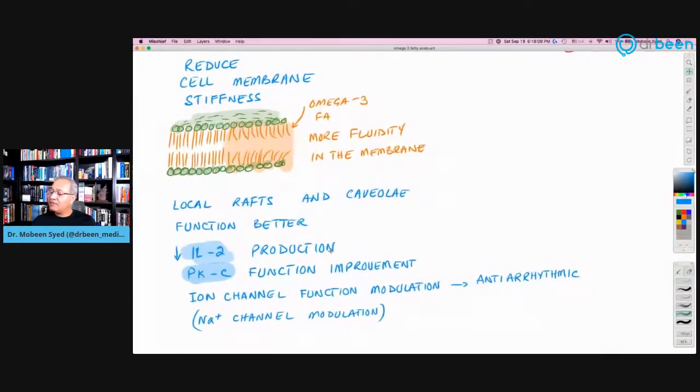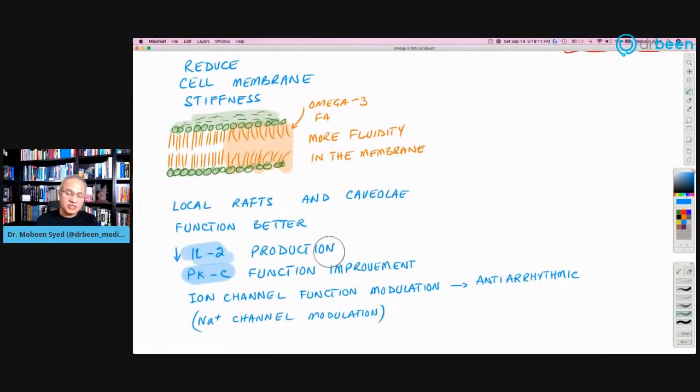Then this is an important one here. They reduce cell membrane stiffness. So this is a general mechanism for cholesterols or fatty molecules, that the flexibility in our tissue is because of the fluidity of the cell membrane. And that fluidity is important not only for the flexibility of the tissue, but it is also important for the function of the proteins present in the cell membrane.